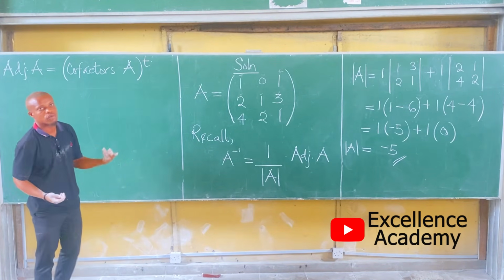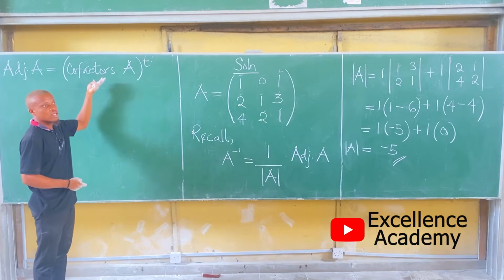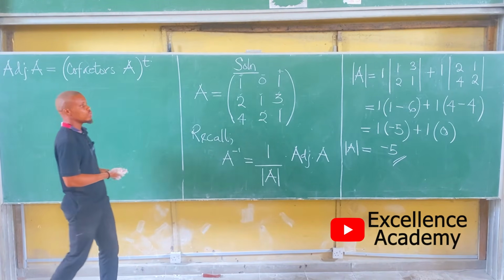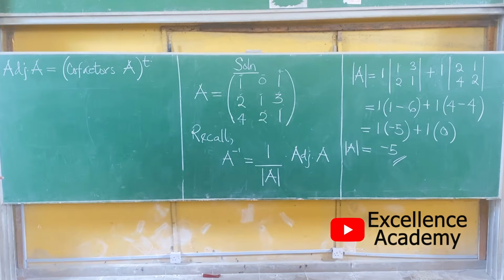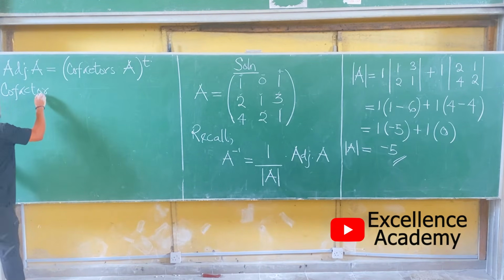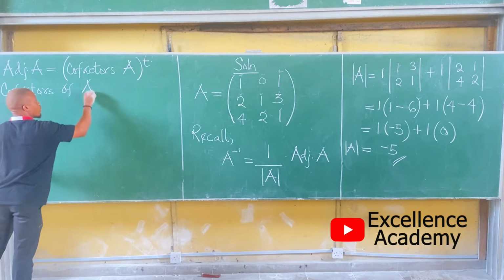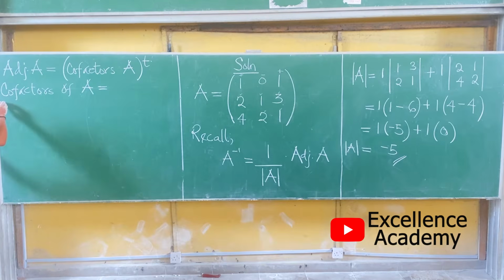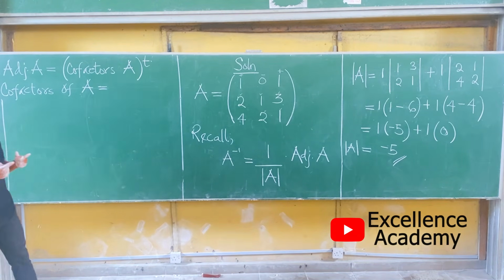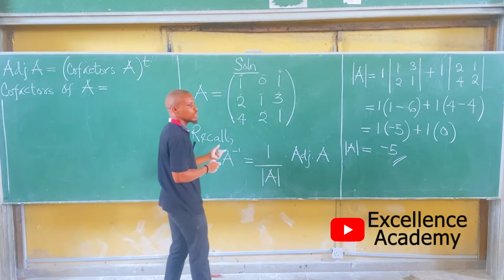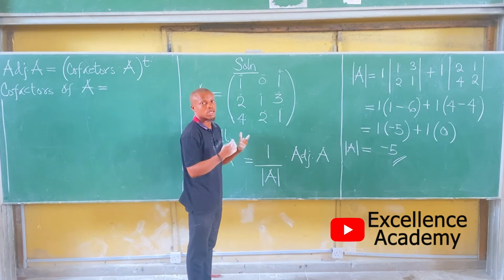Alright, so we know that the adjoint is the transpose of the cofactor of A. So what do we need now? We just need the cofactor first. Then we get our transpose. So let's get our cofactor. Same method, right? For the cofactor of A, we create a 2 by 2 matrix for each point and get our determinant.